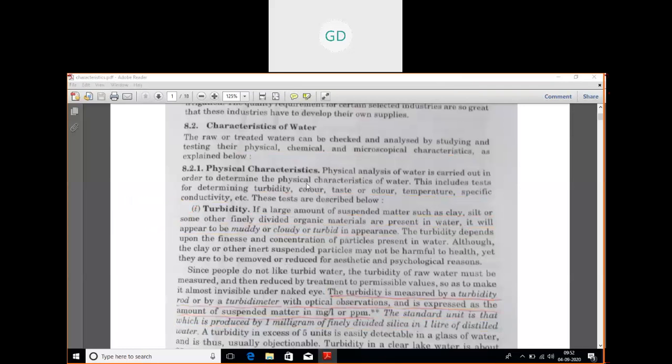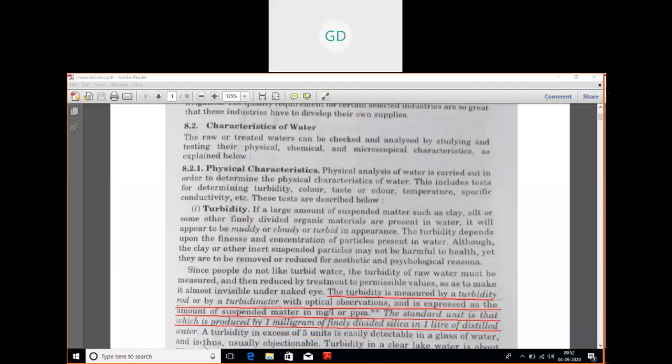Sorry, it went back. From here, right? These lines you write in your copy.